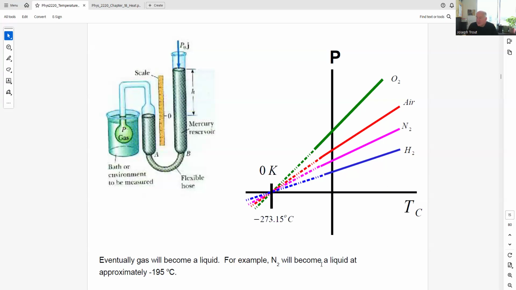So liquid nitrogen becomes a liquid at about negative 195 degrees. And once again, if we extrapolate all these back, they all cross the x-axis at negative 273.15 degrees, which we'll call 0 Kelvin.